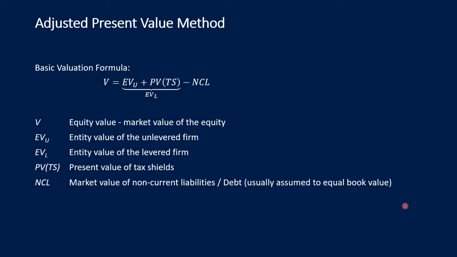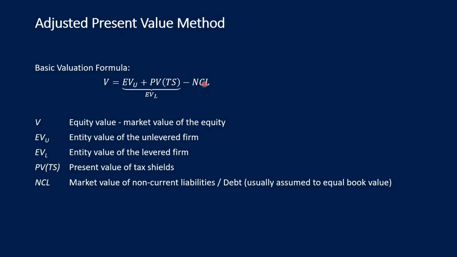Now, let us come to the adjusted present value method. As I already said, the adjusted present value method shows the present value of the tax shields individually. So the value of the company, which is the market value of the equity, is composed of the entity value of the unlevered firm, plus the present value of the tax shields, minus the market value of the non-current liabilities, so the debt.